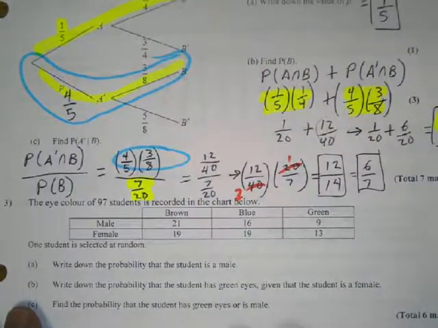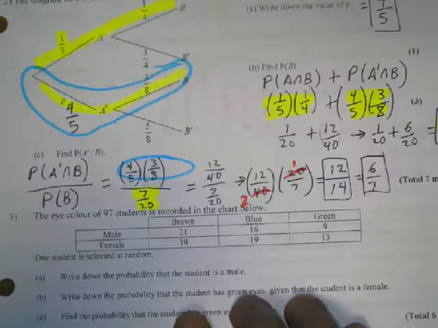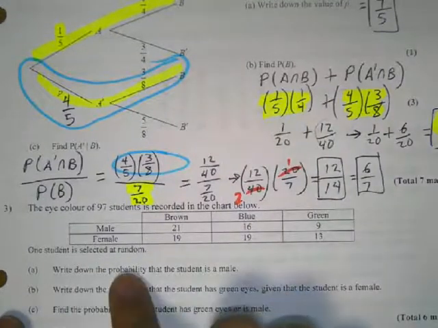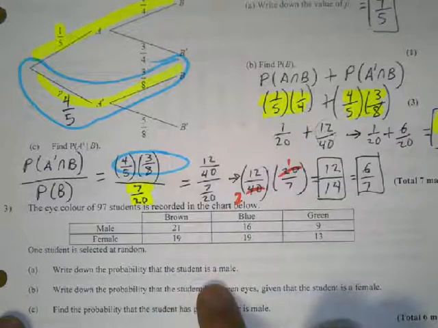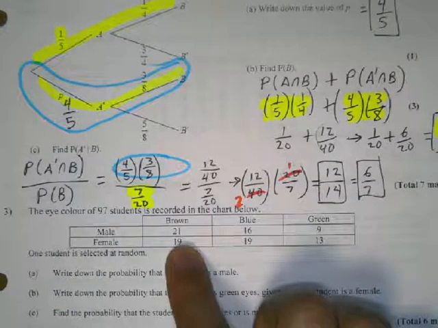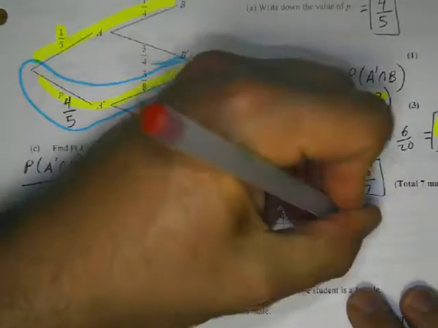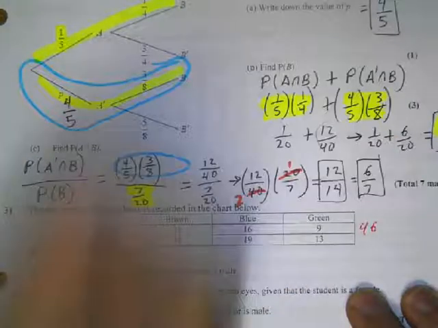Okay, question 3. The eye color of 97 students is recorded on the chart below. A student is selected at random. Write the probability that a student is male. So the first thing we need to do is add up all the males. 21 plus 16 plus 9 is going to give me 46 males.